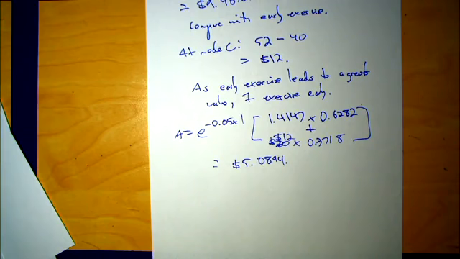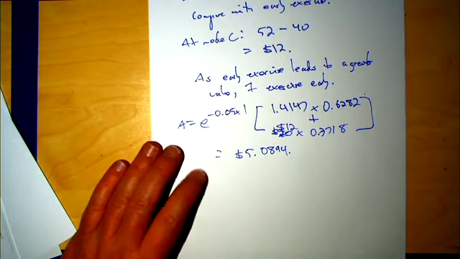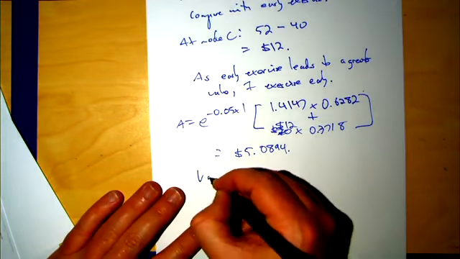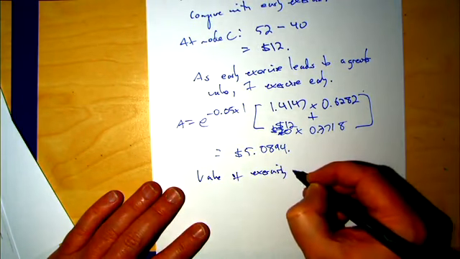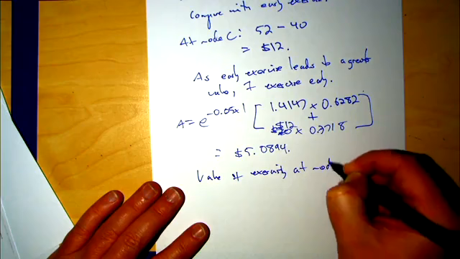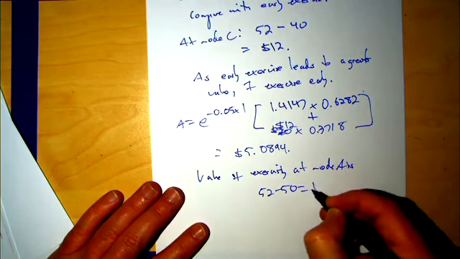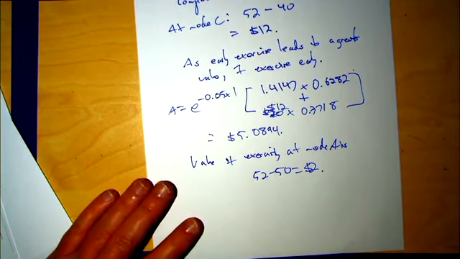No. You're not done. Because you can exercise early at node A if you wanted to. So you need to make a statement about whether you would exercise early or not at node A. So the value of exercising at node A is 52 minus 50, which equals $2. Do you exercise early? No. Right?